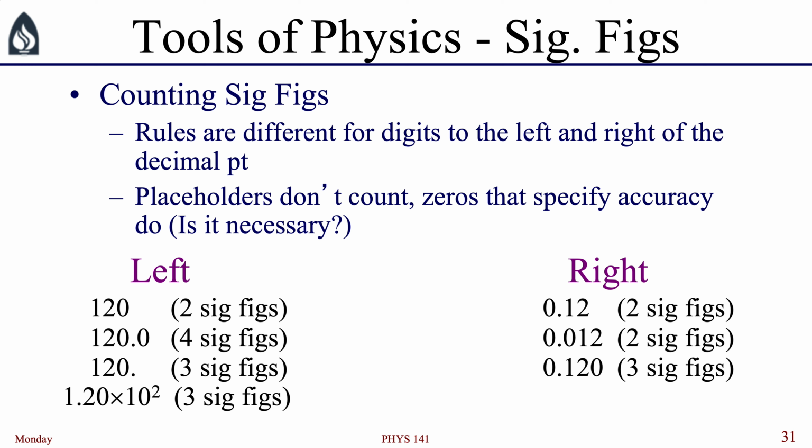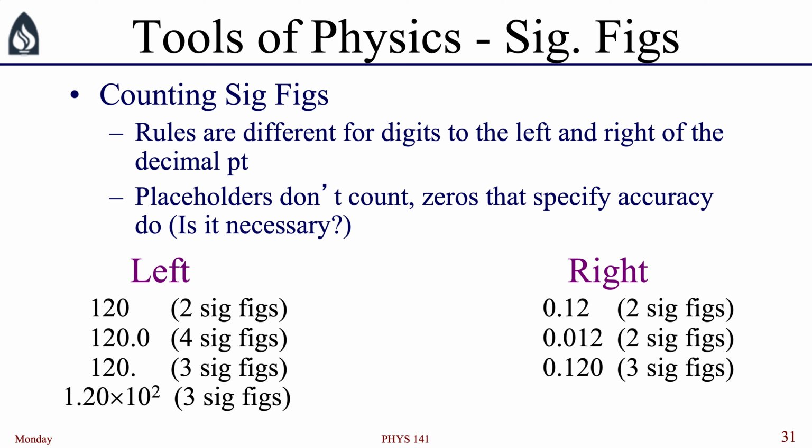The big principle to keep in mind is that if a zero is necessary to tell you how big a number is, then that zero is not significant. Its job is to tell you how big the number is and not to specify accuracy. If, on the other hand, the zero is not necessary to tell you how big the number is, its job is to specify accuracy and it is therefore significant.